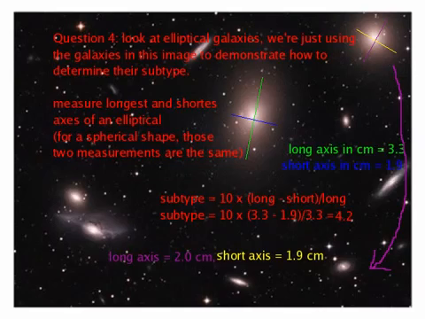I'm just using my calculator application here on the computer. So 2.0 minus 1.9, yeah, would be 0.1 times 10, which of course would be 1. And that divided by 2, yes, 0.5. So this elliptical galaxy would barely have a subtype of 1. So it would be between 1 and 0.